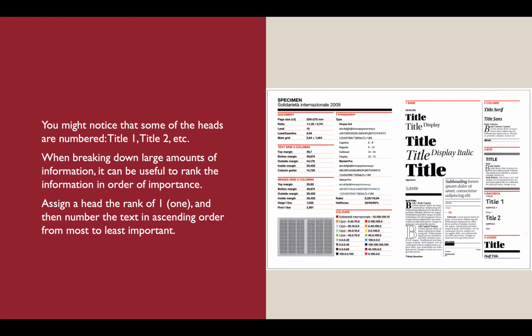If you've got a lot of information, it can be useful to rank the importance. So header 1 is always going to be the most important, header 2, next most important, header 3, etc. That's useful to know if you're ever coming into somebody else's document or you're working with somebody else's style, so you know how to apply it appropriately. So 1 is always the most important, and then you descend in order of importance.